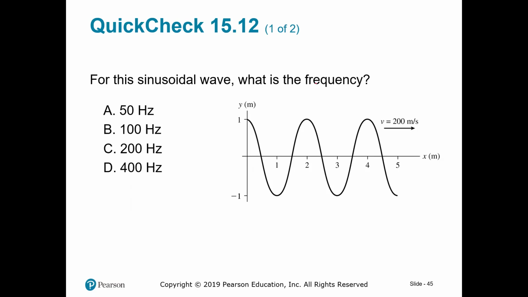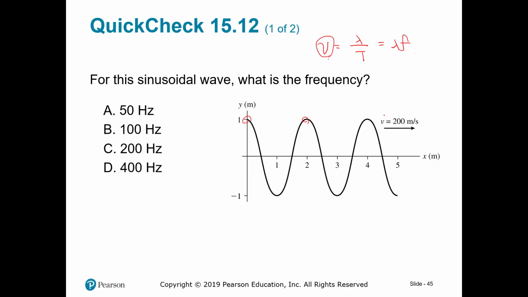Again, you have an equation: velocity equals what? Velocity is the distance you travel from here to here, which is a lambda, and then the time taken from here to here. That's the definition of a period. Or you can also say this is lambda f.